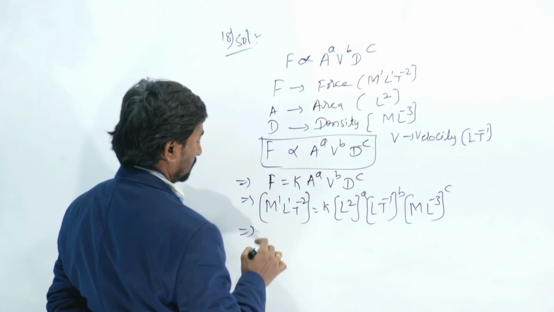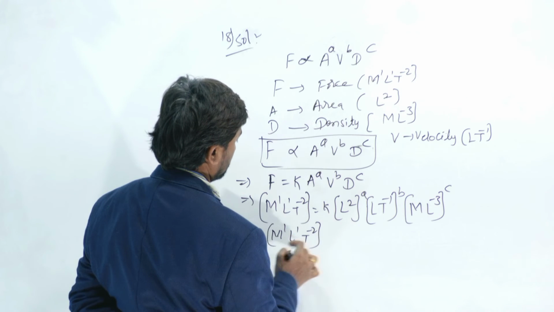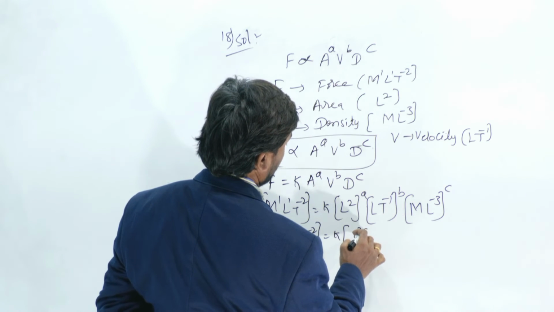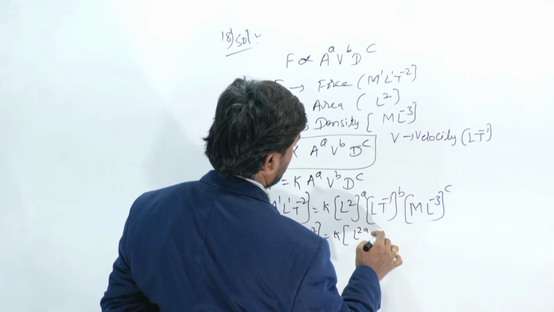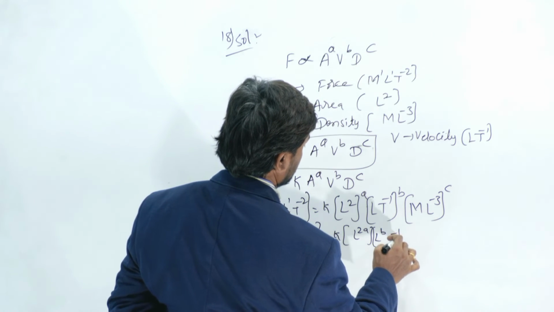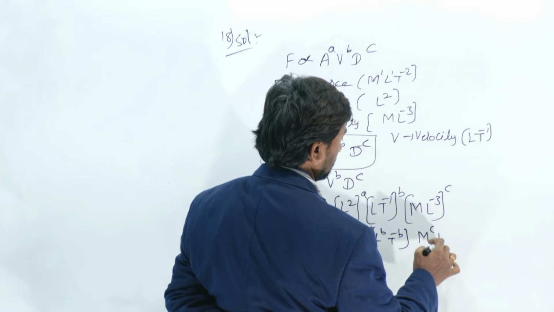So from this we will get M power 1, L power 1, T power minus 2 equals k into L power 2a, L power b and T power minus b, and M power c and L power minus 3c.